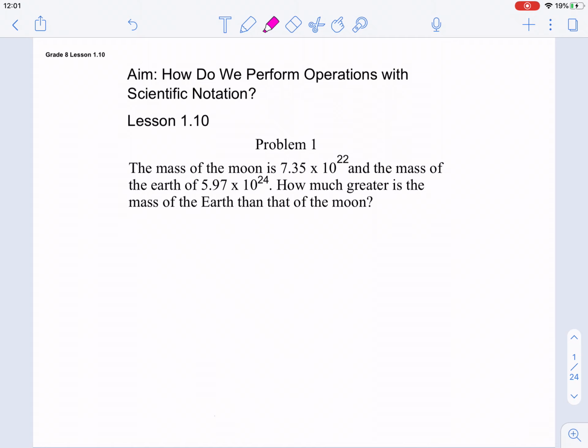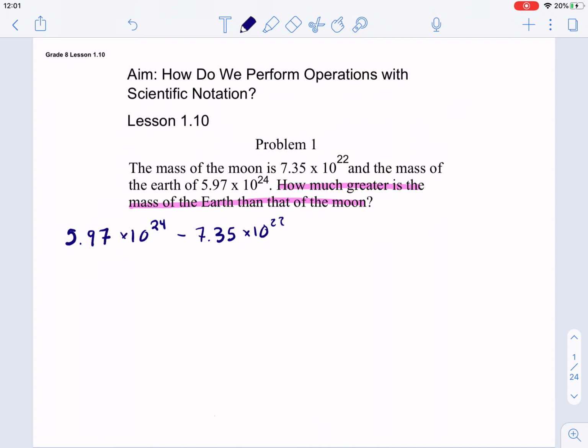Now, if I want to determine how much greater is the mass of the earth than that of the moon, I'm going to have to take the mass of the earth, which is 5.97 times 10 to the 24th, and subtract the mass of the moon, which is 7.35 times 10 to the 22nd power.